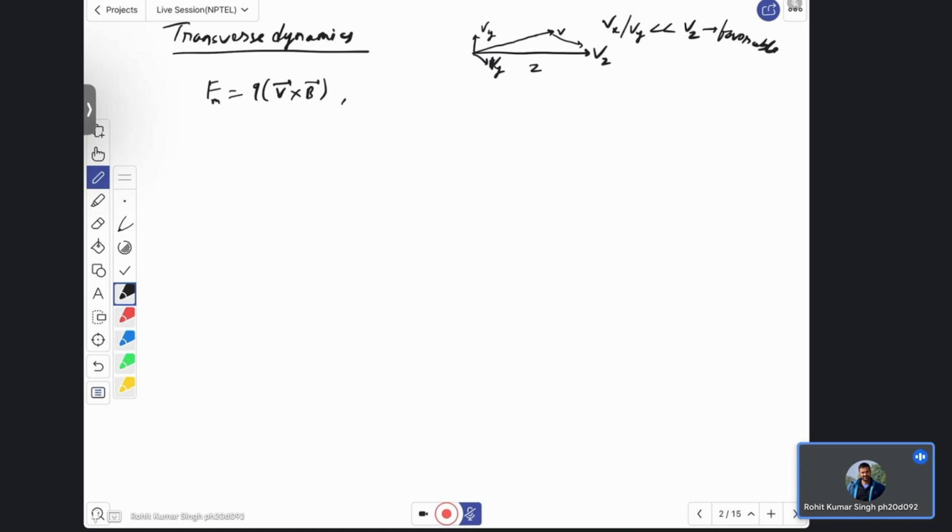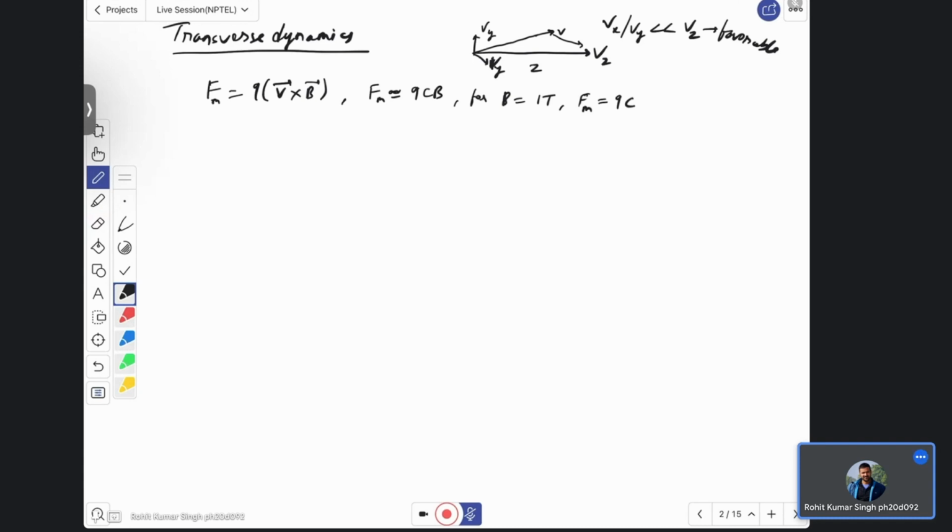So let's put V equal to C, so the magnetic force will be, not exactly equal, but QCB. For a magnetic field of 1 Tesla, the force will be QC, right?